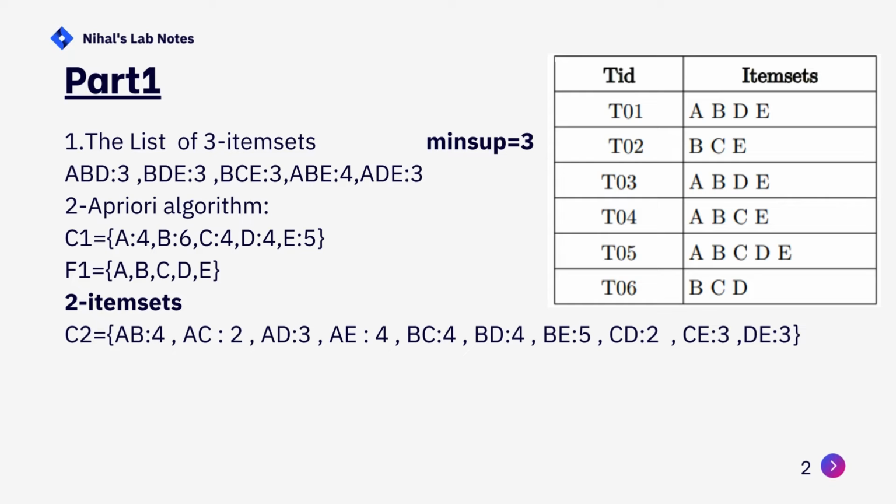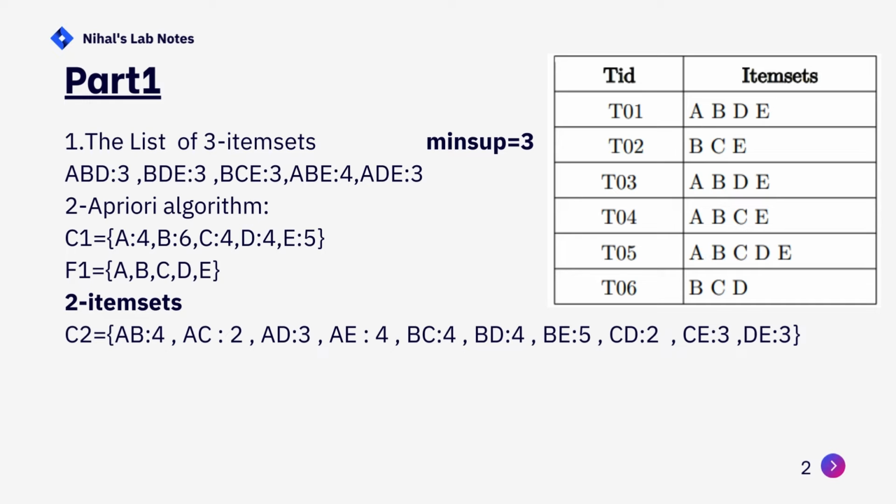For C also, let's do a join between C and other items: C with D, then C with E. Then let's move to D. We are going to do a join between D and E. So DE. Then we are going to calculate the support of each of these item sets.